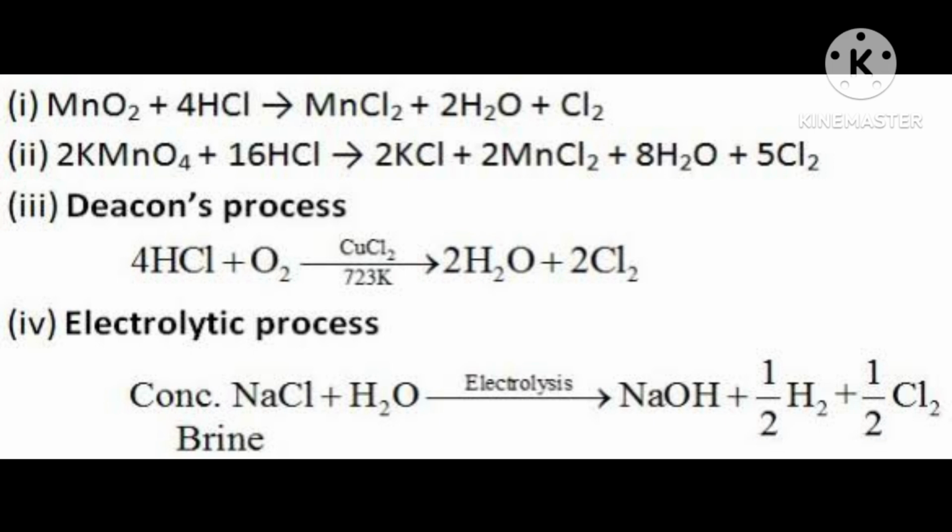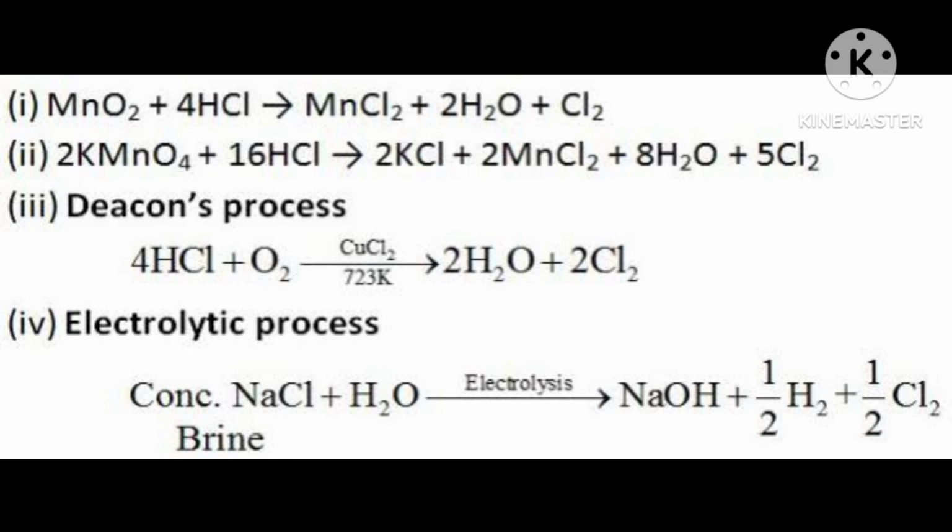C10H16 plus 8Cl2 gives 16HCl plus 10C. This reaction is very, very important.